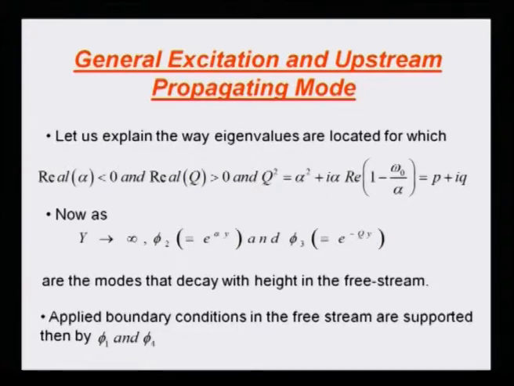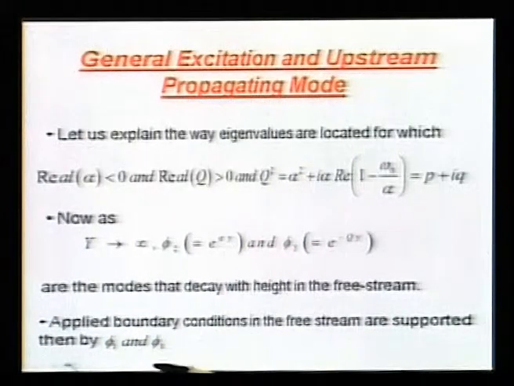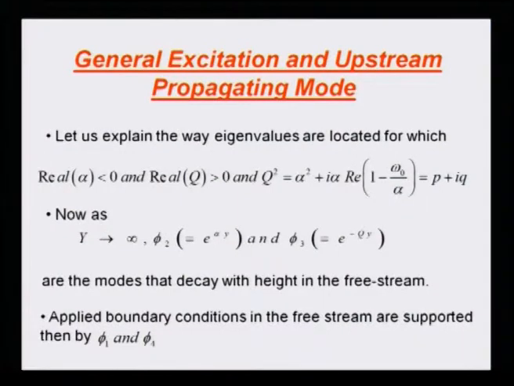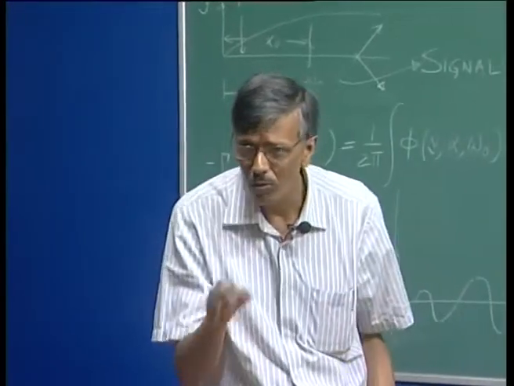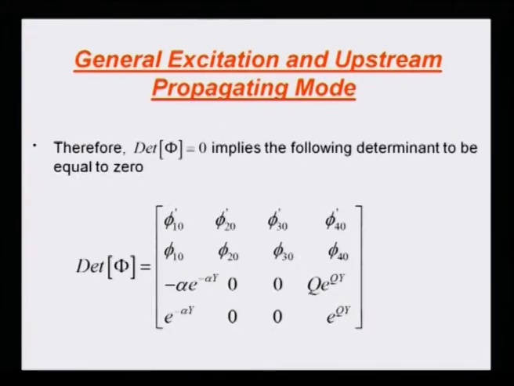So, basically, what we are in essence saying is that phi 1 and phi 4 will support the applied free stream excitation, whereas phi 2 and phi 3 will support the wall excitation boundary condition, right. This is what we need to appreciate and keep at the back of our mind.